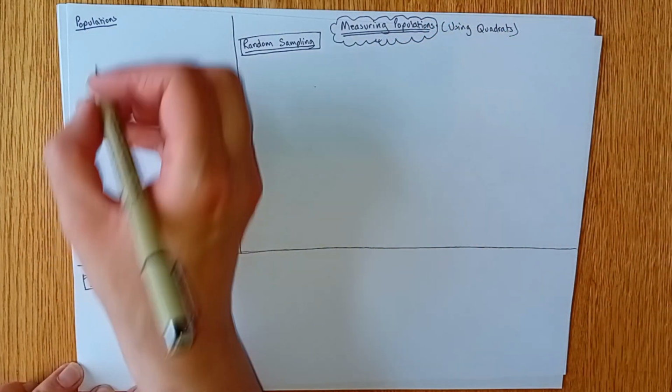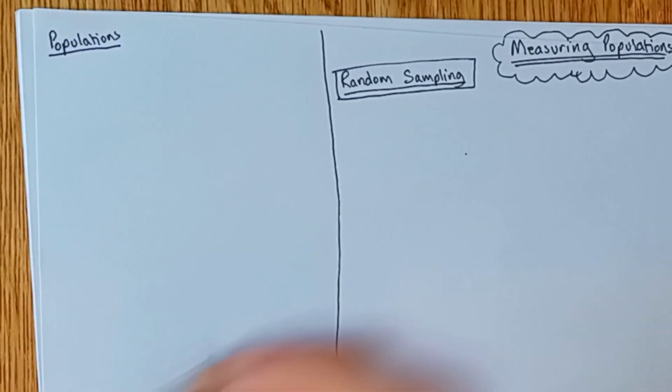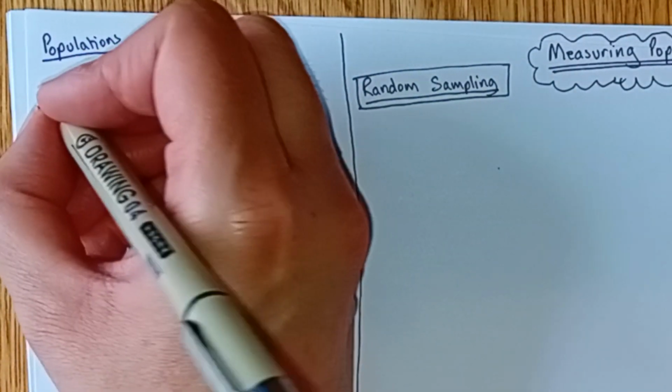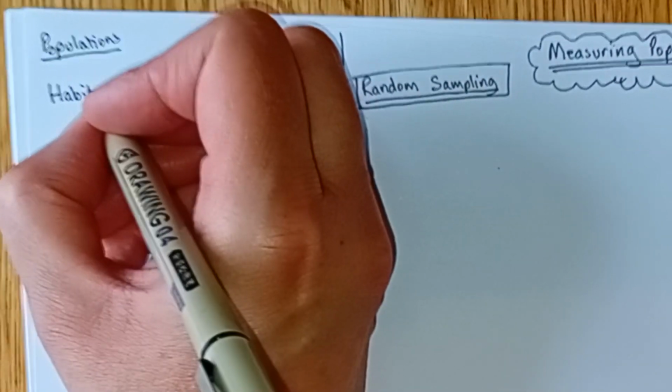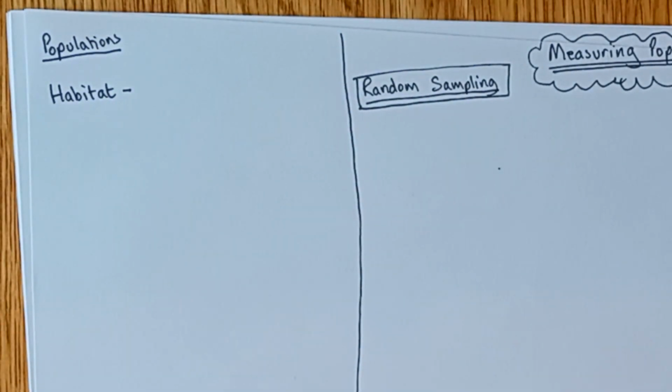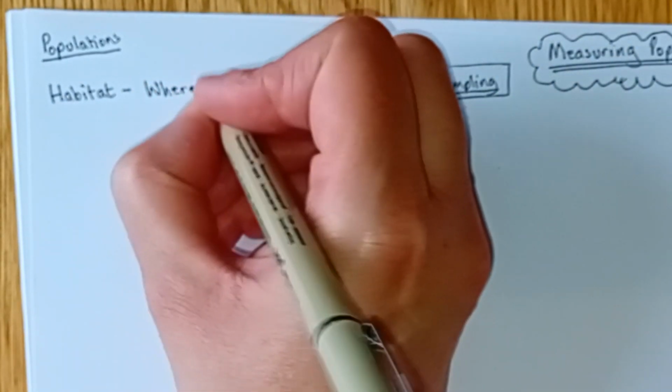All right then, so under populations, we're just going to make sure that we remember all the key terms. So the words we need to know are habitat, which, as you know, is where an organism lives.